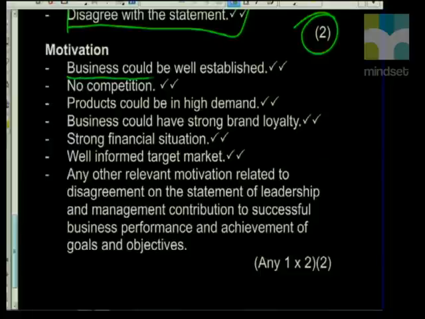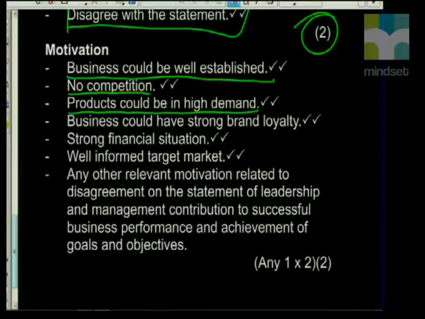Businesses could be well established. There could also be no competition, which makes it easier. Products could be in high demand, so it's just easy for people to get hold of the products. Businesses could have strong brand loyalty.